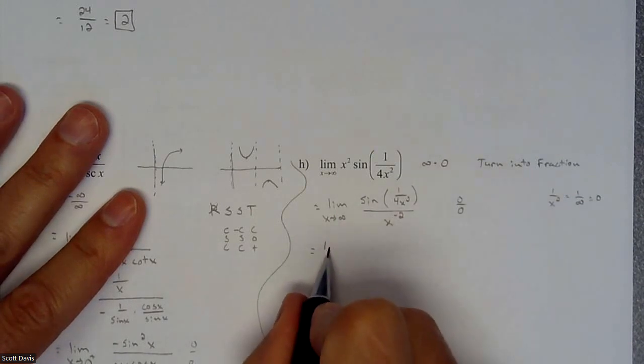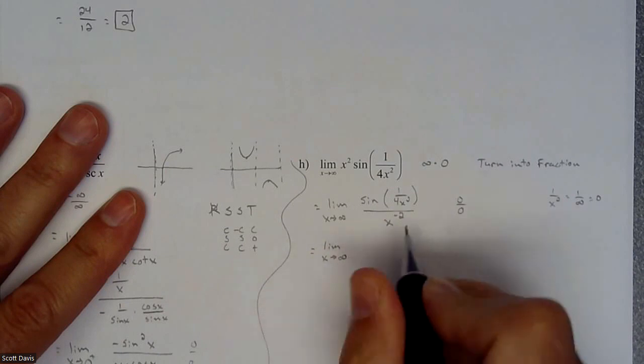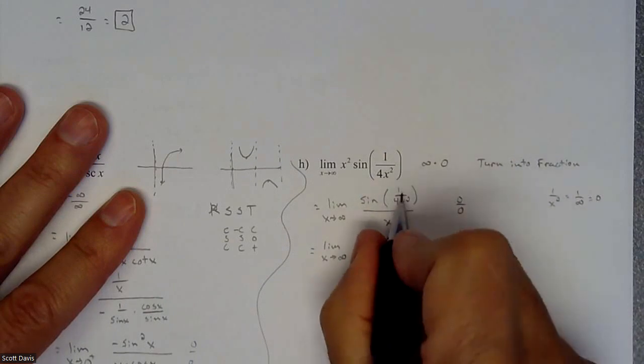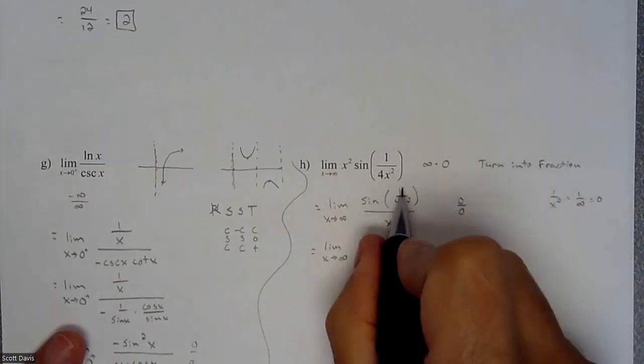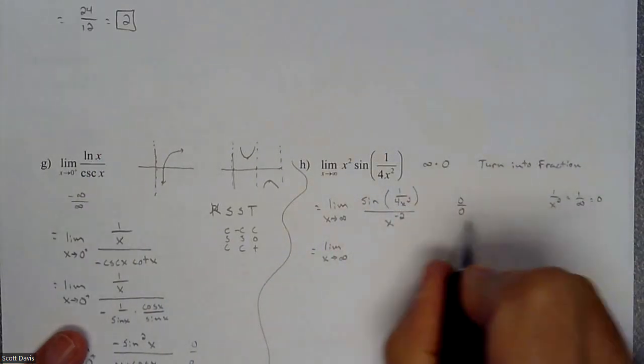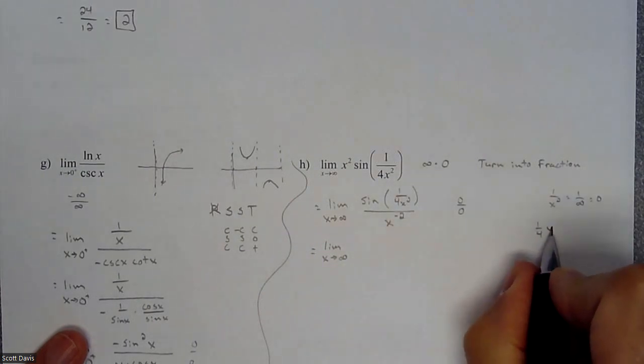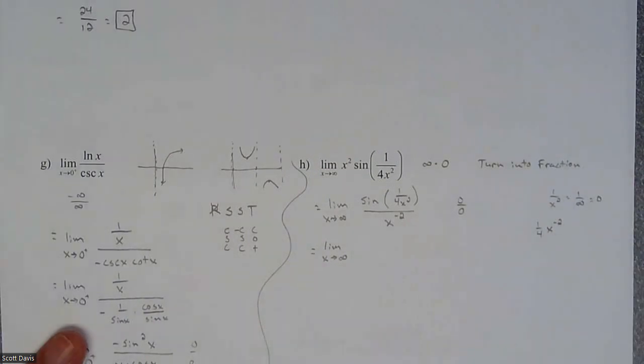That is us still doing the limit as x approaches infinity. And now we're going to be doing the derivative of this. I need a little side note: this is easier to do as that.